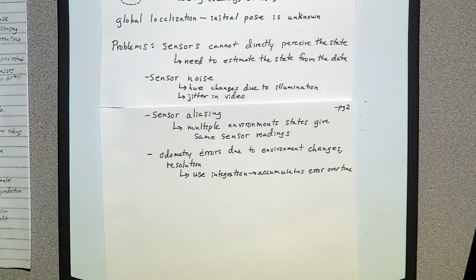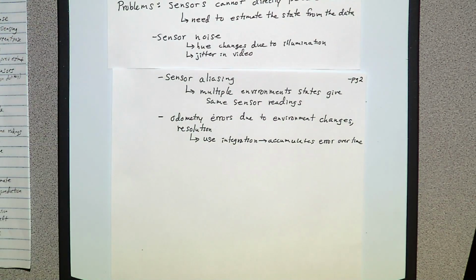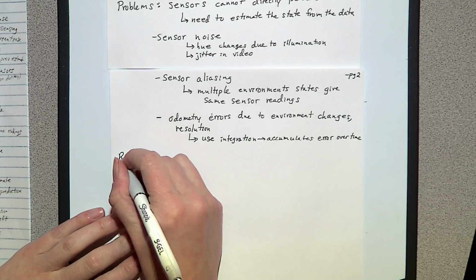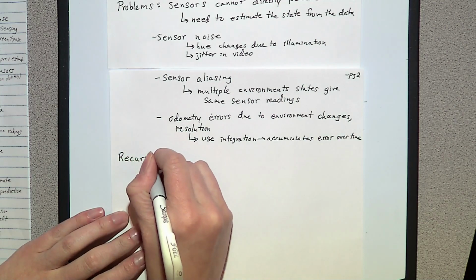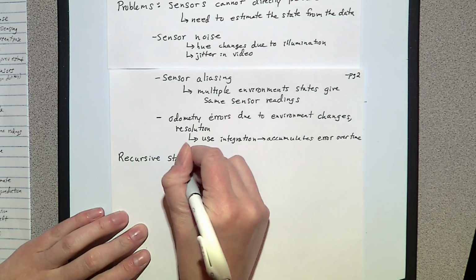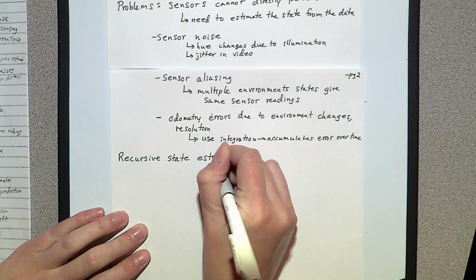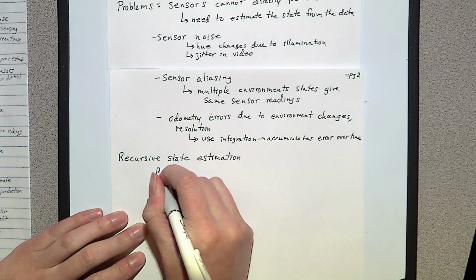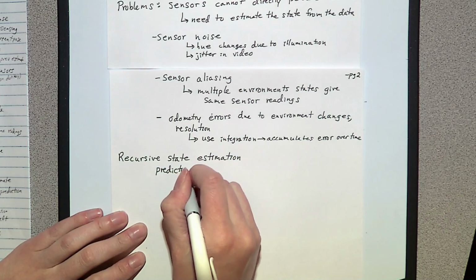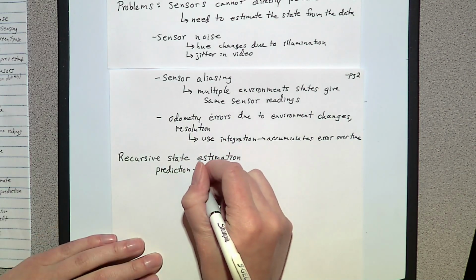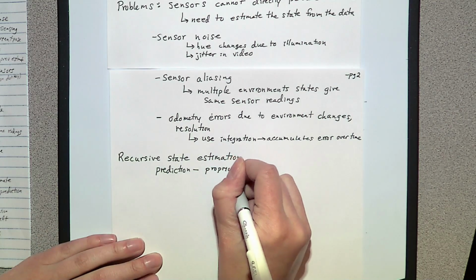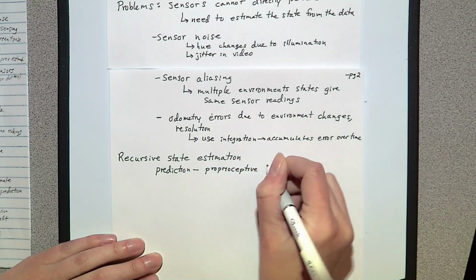So typically when we're trying to do state estimation, we want to do it recursively. And so first what we do is we have some kind of prediction, which is based on our proprioceptive sensors.